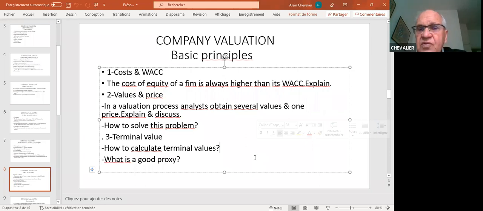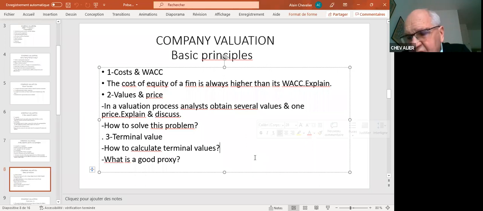It means the message of strategy courses and strategy models: don't be too diversified. Be concentrated on what you know. You cannot be a good manager in very different industries. This is taken into account in the evaluation process.